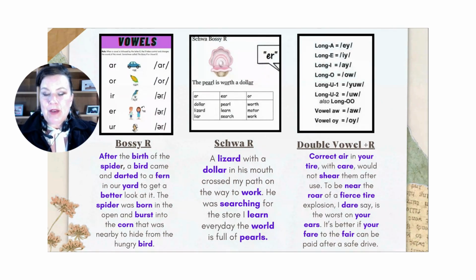After the birth of the spider, a bird came and darted to a fern in our yard to get a better look at it. The spider was born in the open and burst into the corn that was nearby to hide from the hungry bird. Go ahead and practice.